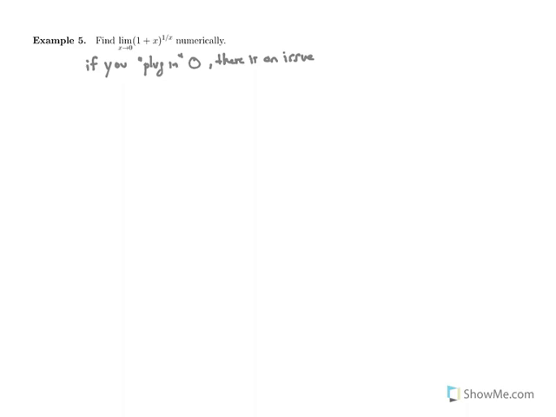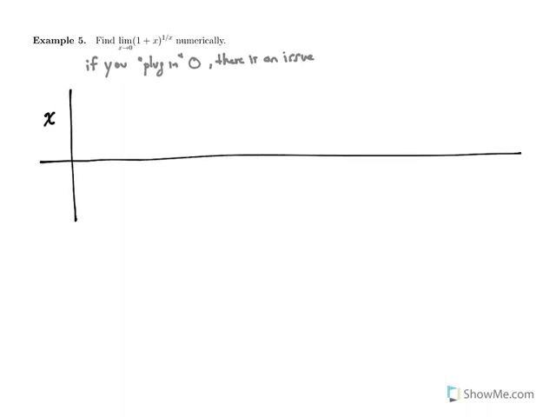So we're going to draw a little table here of x values, and we'll look at the corresponding function values, where the function is 1 plus x to the 1 over x power. We'll just use a calculator to find these values.